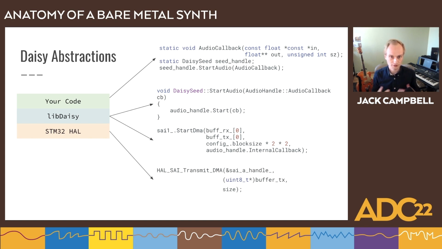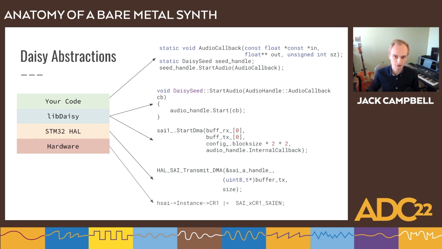Here we are starting a DMA transmission with the serial audio interface, the SAI, which again, we'll talk about more later. And then the lowest level, being called directly by this HAL function, is a memory-mapped interface, like a pointer is how we use it in the code, that hsai handle to the serial audio interface.